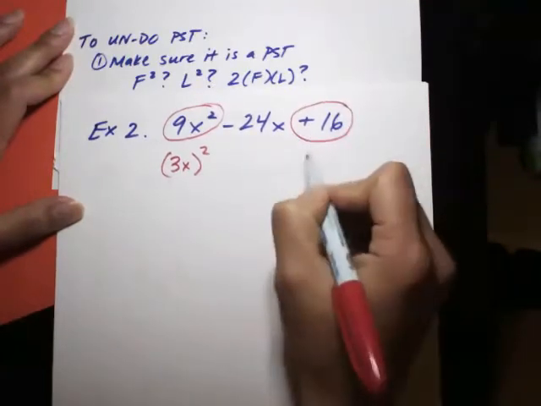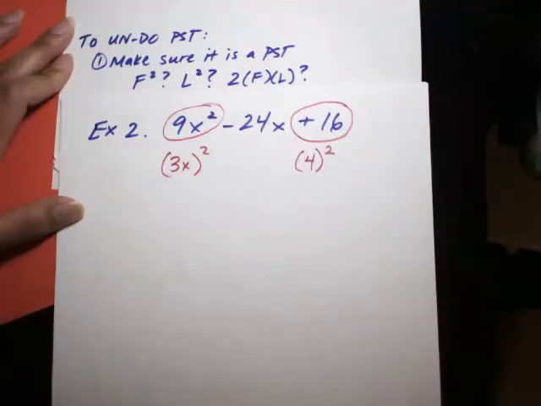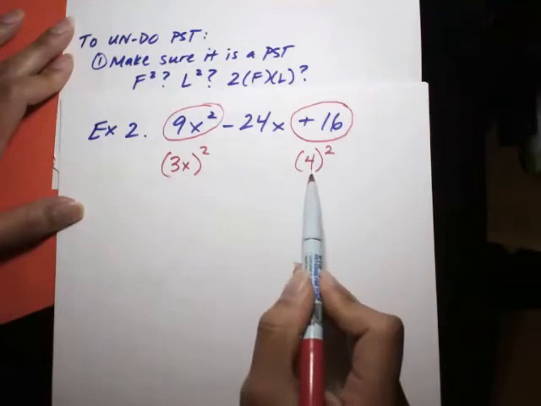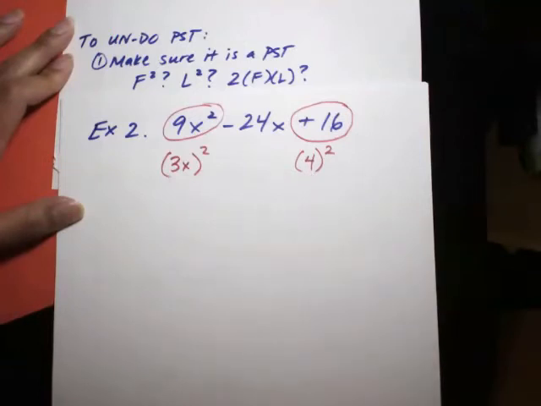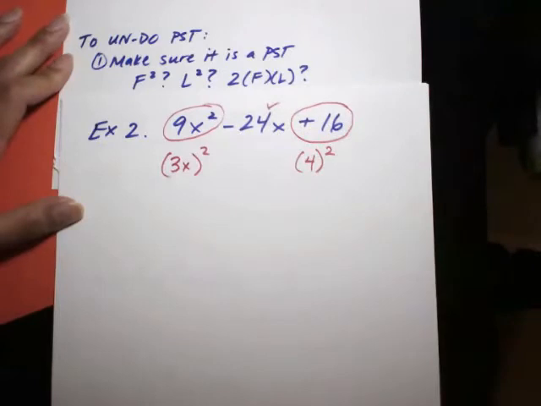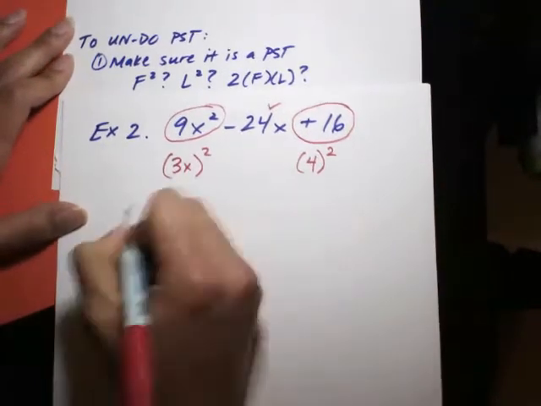The square root of positive 16 is 4, so 4 squared gives us 16. So far so good. Let's multiply this together. 3x times 4, you get 12x. You double 12, you get 24. So that checks as well. First off, yes, this is a PST. So now we can factor it.